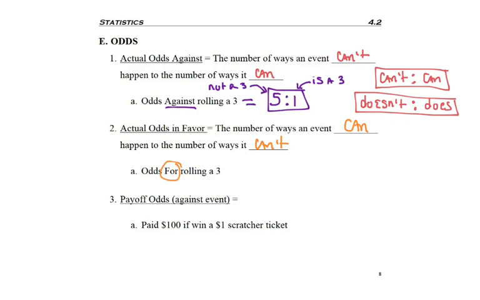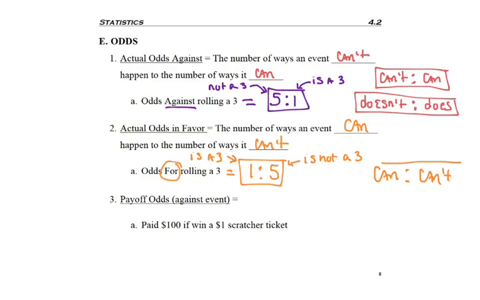So the odds for rolling a 3, 1 to 5. It is a 3, it is not a 3. So I'm looking at can to can't. Or if I wanted to find a different wording, did to didn't. The number of ways I did get a 3 to the number of ways I didn't get a 3.